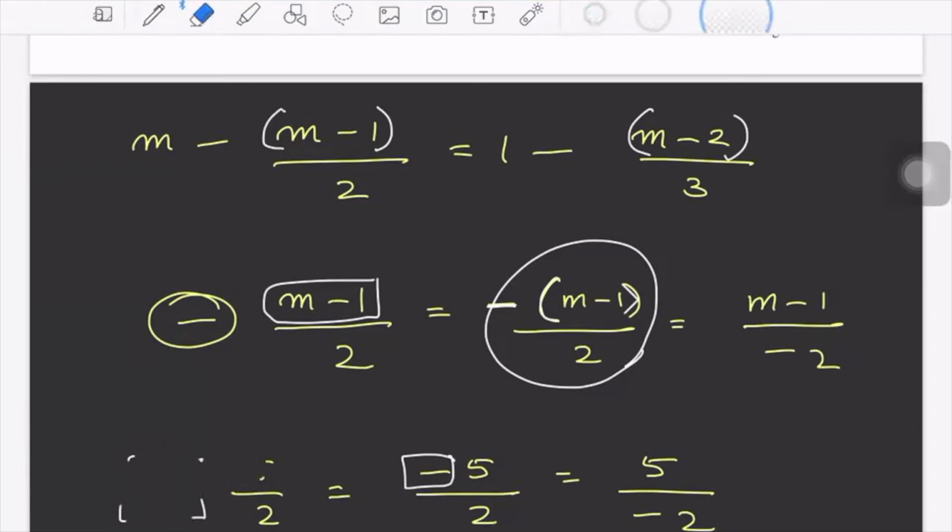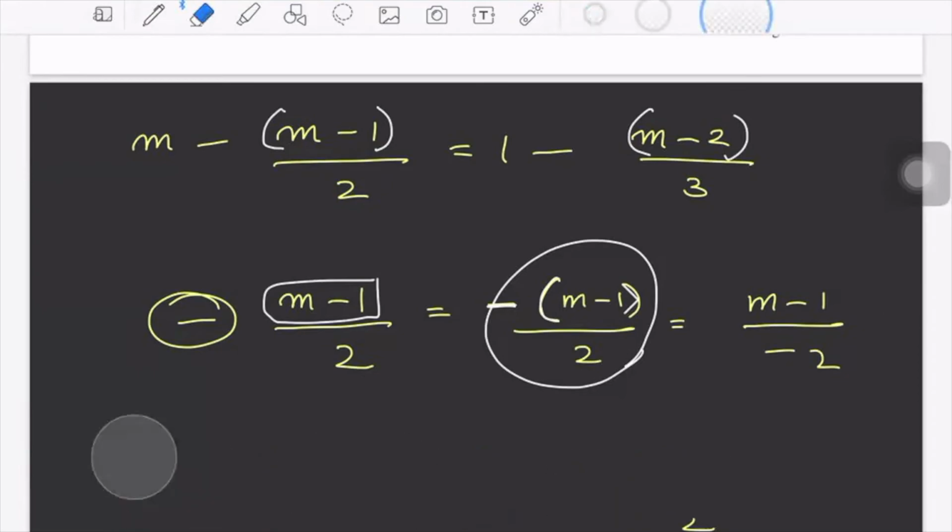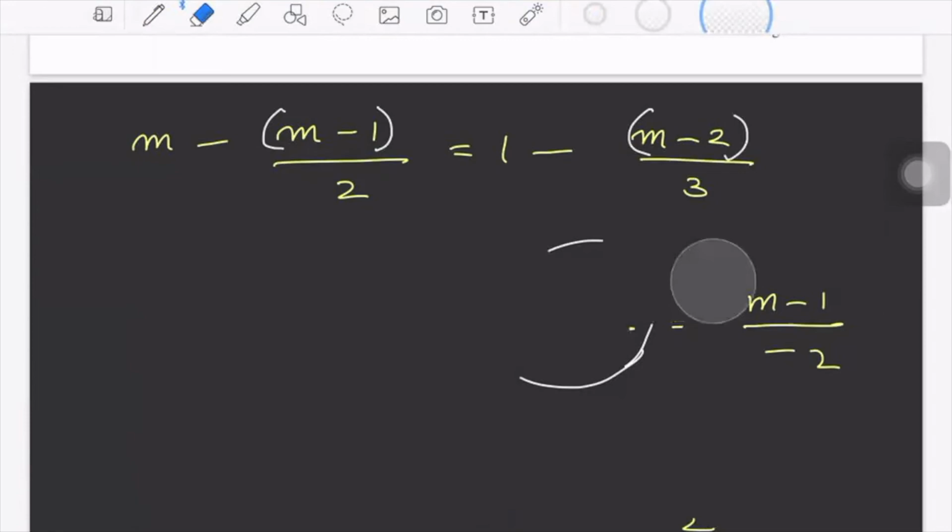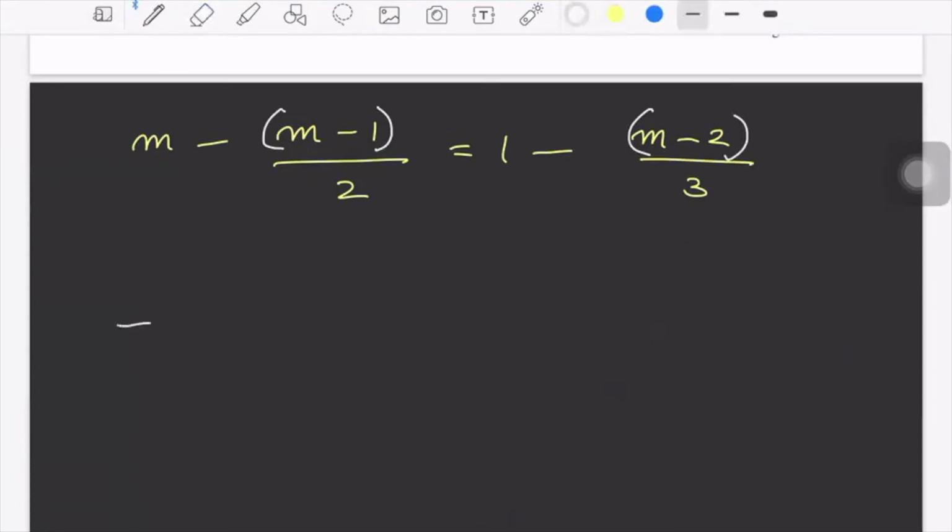The idea is simple. This is minus of m minus 1 by 2. Even though this negative is applied to the entire fraction, it can be applied to the numerator.